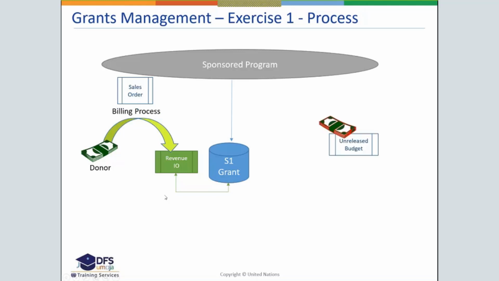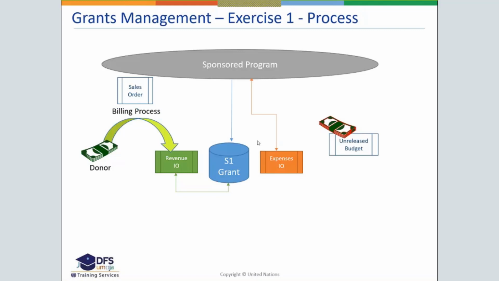Next step. We will create an unreleased budget. As I mentioned before, it's a kind of plan on how this budget is going to be distributed through the sponsor classes. And we will have to create an expenses internal order to track all the expenditures that will be done for this grant.